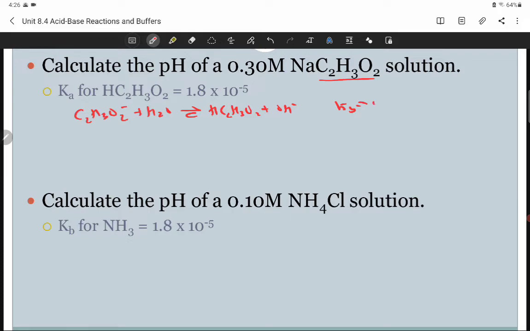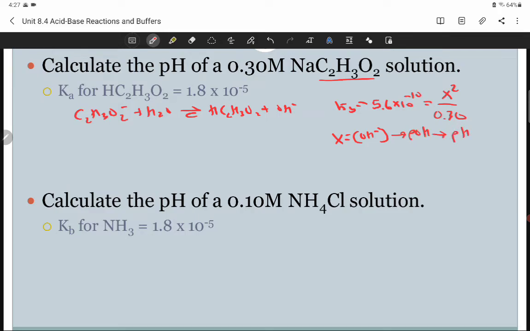I think I'd already figured that out in a previous question. And I think we've done enough of these now to know that it's 0 plus x is x, 0 plus x is x, and then the initial concentration goes on the bottom. So we could solve for x, and when we do that, that's going to be the hydroxide. And then we have to turn that into a pOH, and then turn it into a pH.